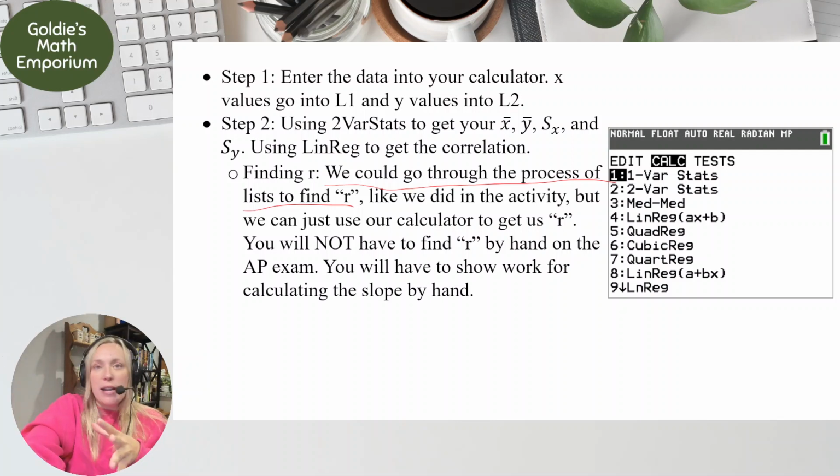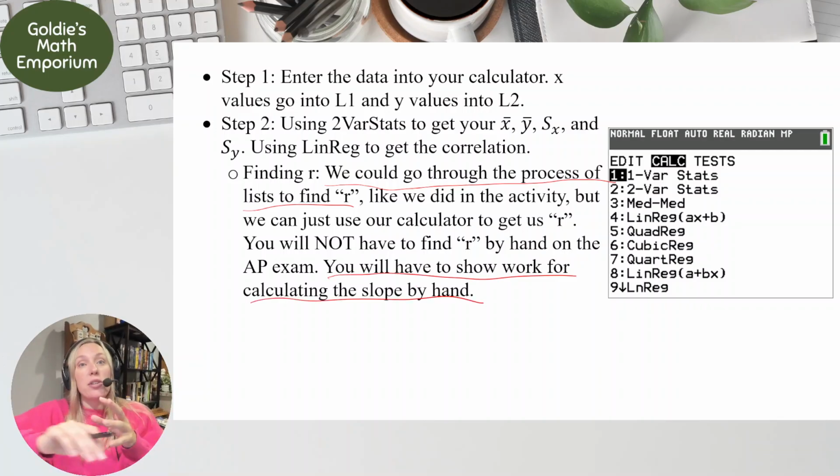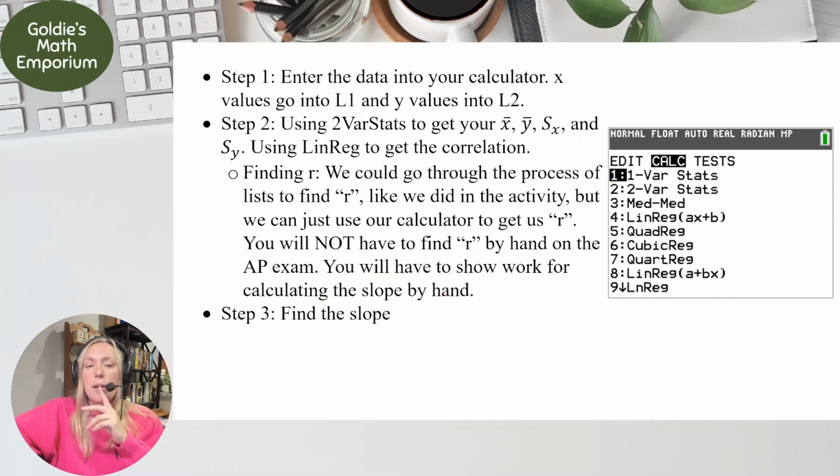You will not have to find it by hand. You will have to show work for calculating the slope by hand, or calculating the y-intercept by hand if it's part of the free response question. So you are going to want to know how to use these formulas, but you don't have to find correlation by hand, okay? So we'll find r by using LinReg.